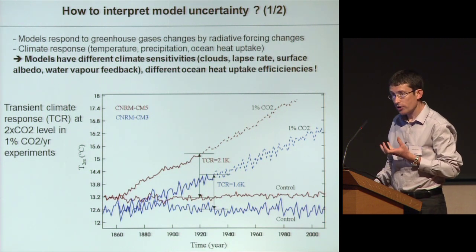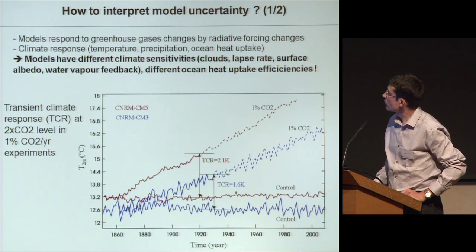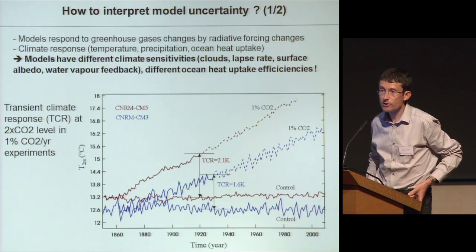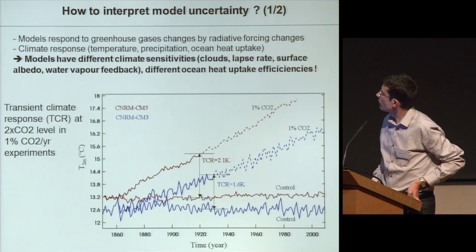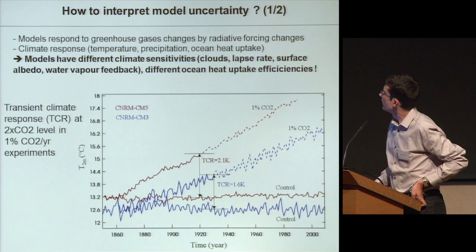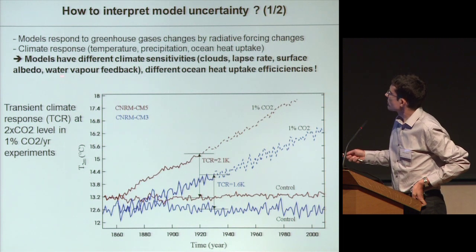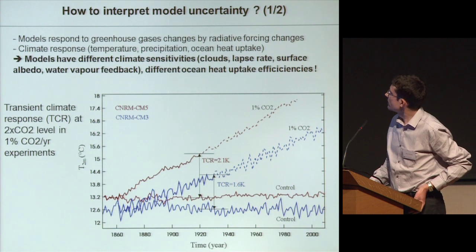Then this radiative change, meaning radiative imbalance at the top of the atmosphere, will be translated into a climate response, meaning the temperature will increase or precipitation will change, and of course also ocean heat uptake, because oceans will get warmer. But these models, as you saw in my previous slide, respond in different ways.